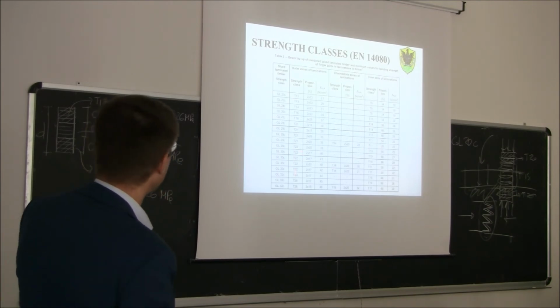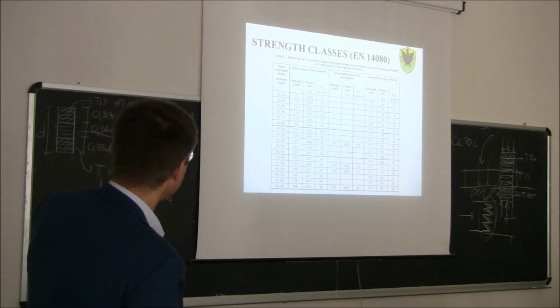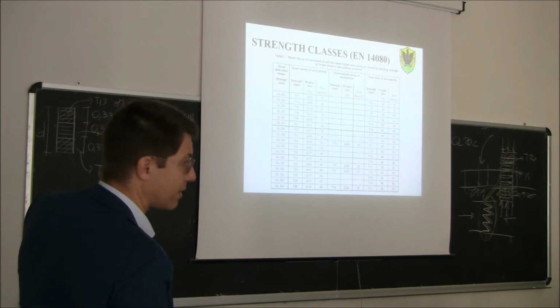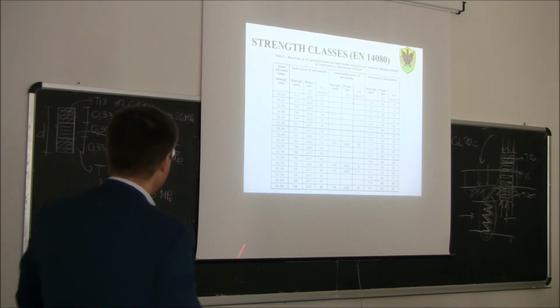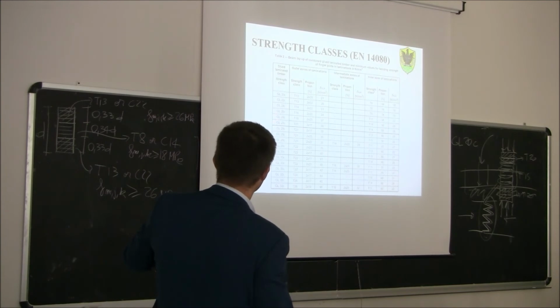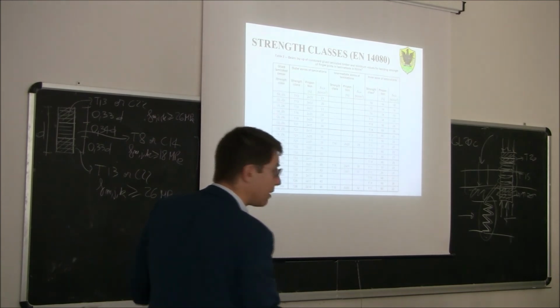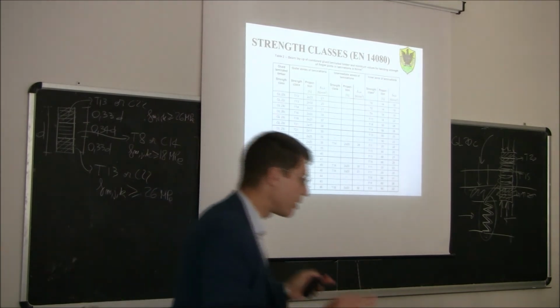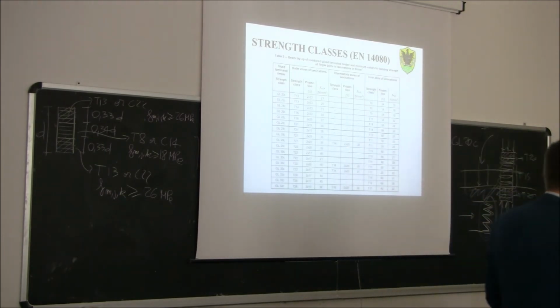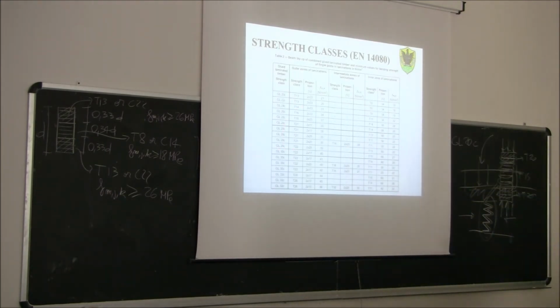What I was saying before, for other strength classes, for example, you see here for the GL28C, which is the most common in design, you have different possibilities. You have 1, 2, 3, 4, 5, 6 different configurations. So, sorry, 6 different possibilities to achieve the GL28C. What is the difference between the different possibilities?